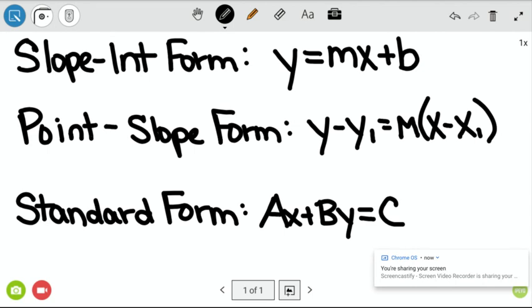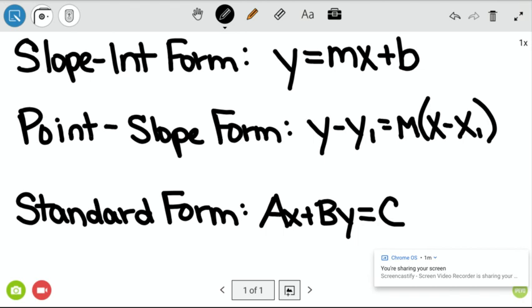We will be working with all of these forms in indicator 5, but we're going to spend a couple days on slope-intercept form because it's the most common and the easiest to graph. Today I'm going to give you some equations, and we are going to change them to slope-intercept form. They might look like the other forms, but we'll use concepts from indicator 3 to get y by itself.